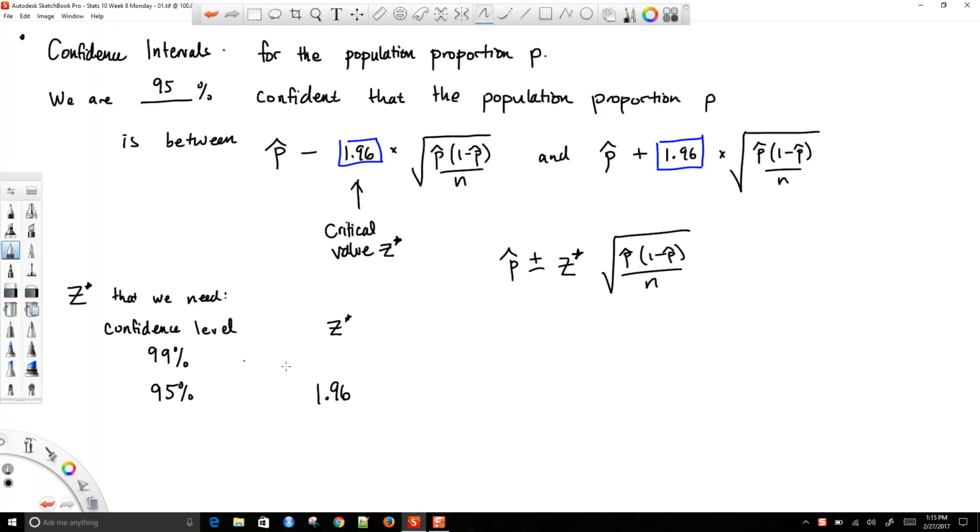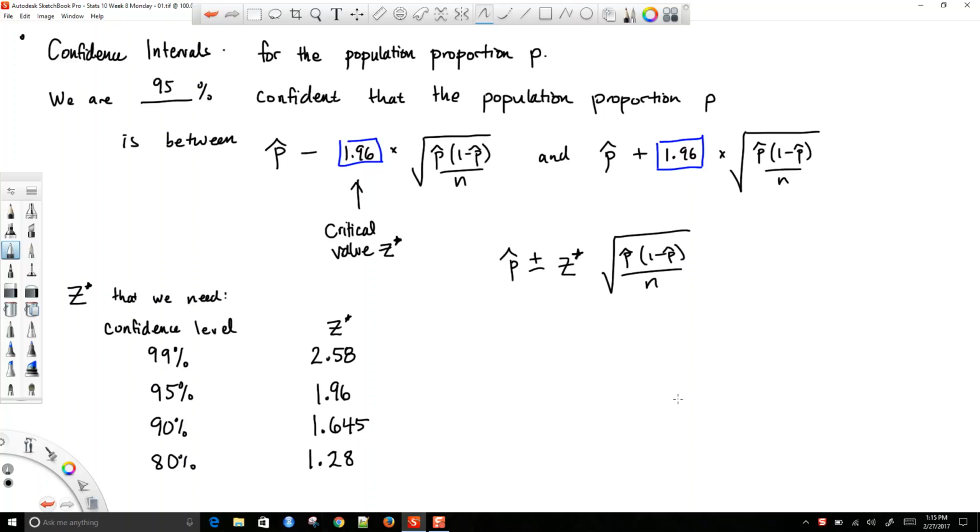If we want to be 99% confident, our z star is 2.58. If we want to be 90% confident, then we can have 1.645, and then at 80% confidence, we're down at 1.28.